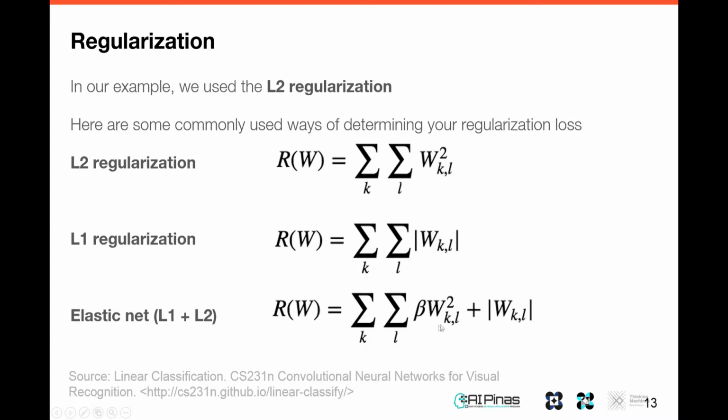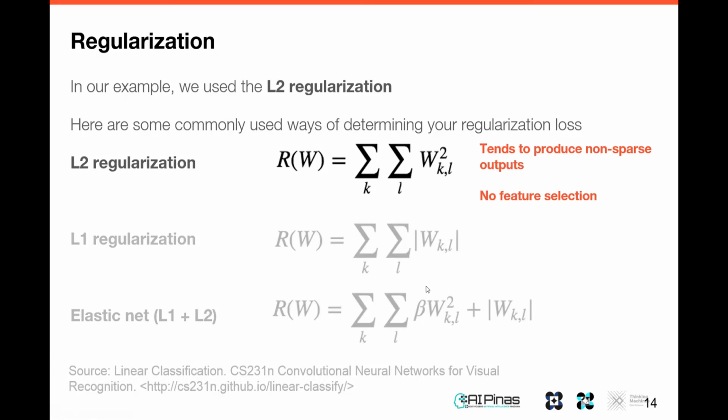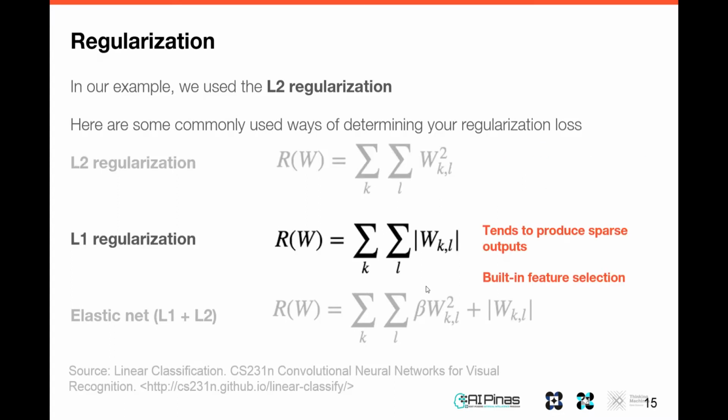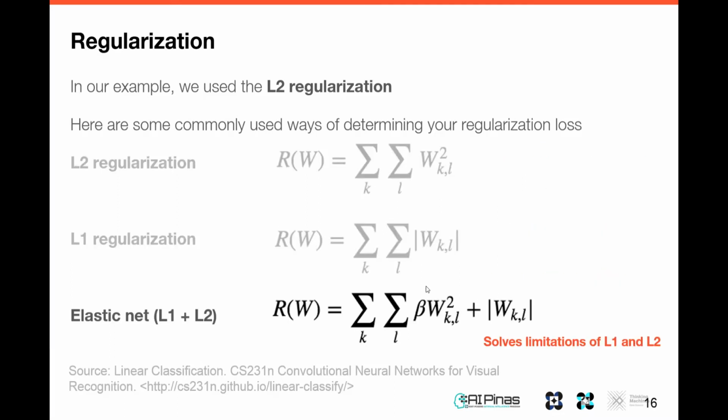If you take a look, it takes both L1 and L2 regularization into account, with some factor for determining the weightedness of the L2, the squared section. Some interesting points of choice: L2 regularization tends to produce non-sparse outputs. L1 regularization tends to produce more sparse outputs, and ElasticNet is a balance of both of these.